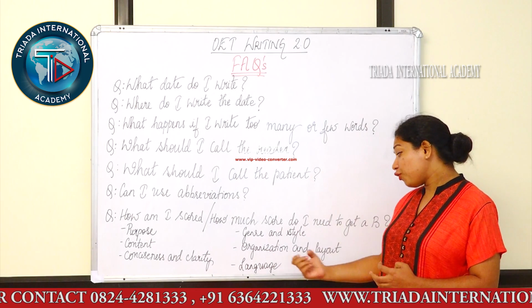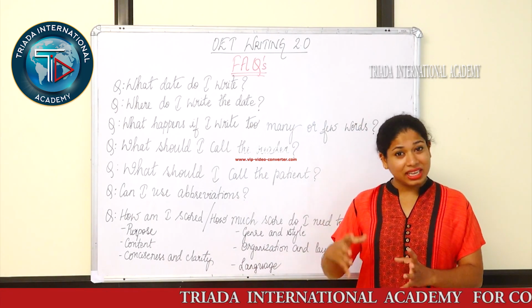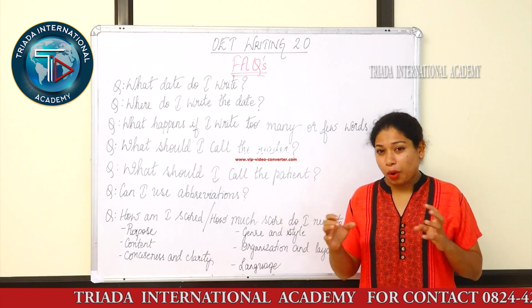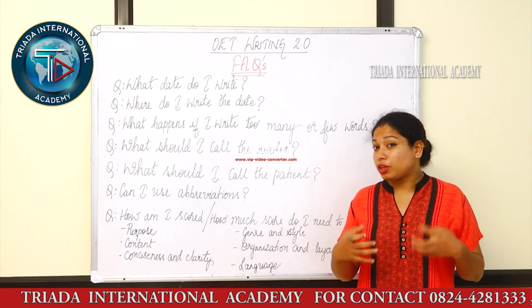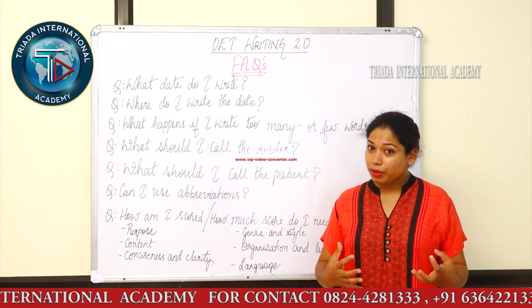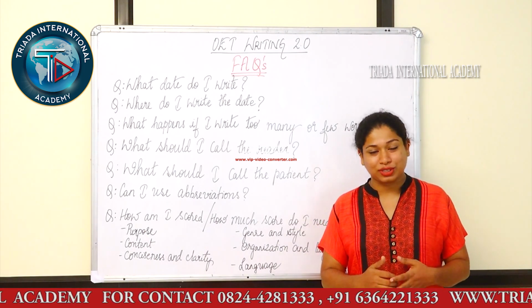Then we have the organization and the layout, how you organize things and make the layout for the particular reader in order to communicate in an effective way. And lastly we have language, which consists of vocabulary, spellings, grammar and punctuation.